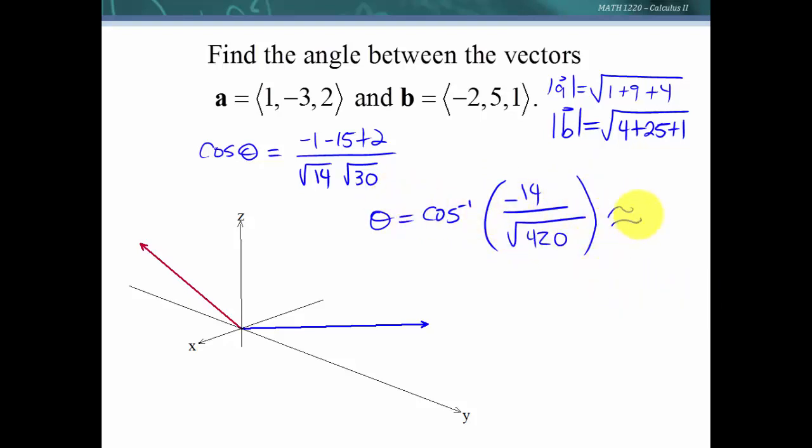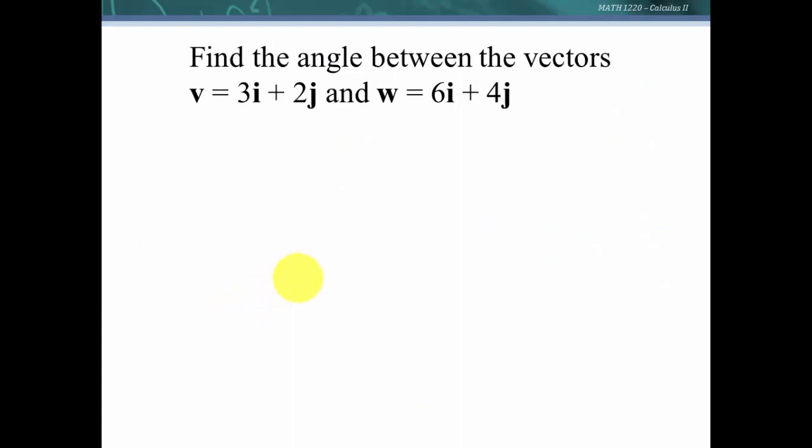We would then go to a calculator to get an approximate for the angle between these vectors. When we do the inverse cosine of this, we get 2.32 radians. If we did that in degrees, because we may not have as good a feel for how big a radian is compared to a degree, this would be 133.1 degrees.